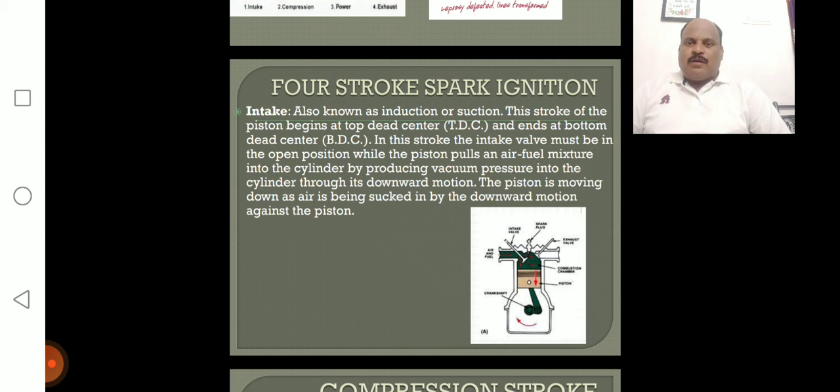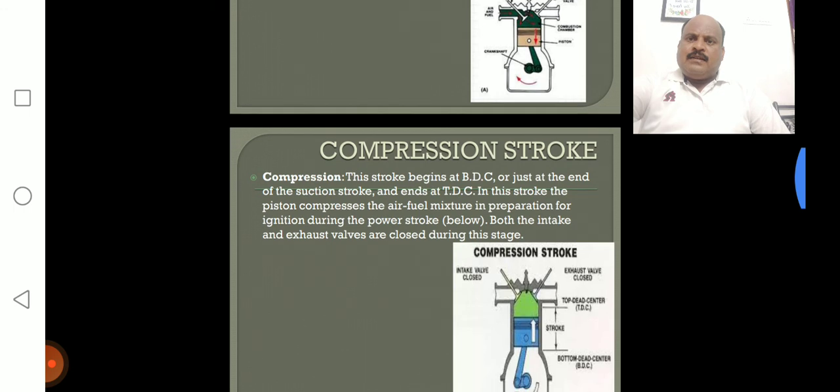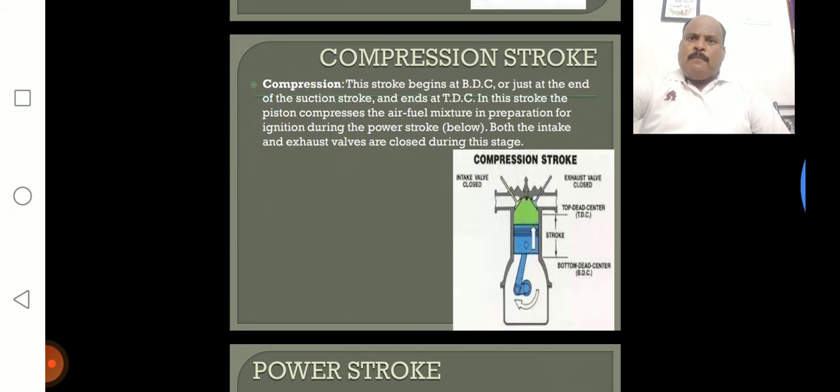You will see the second stroke of the engine, its name is the compression stroke. So we can see here compression. The stroke begins from BDC because the first stroke ended in BDC. Suction stroke ended in BDC.